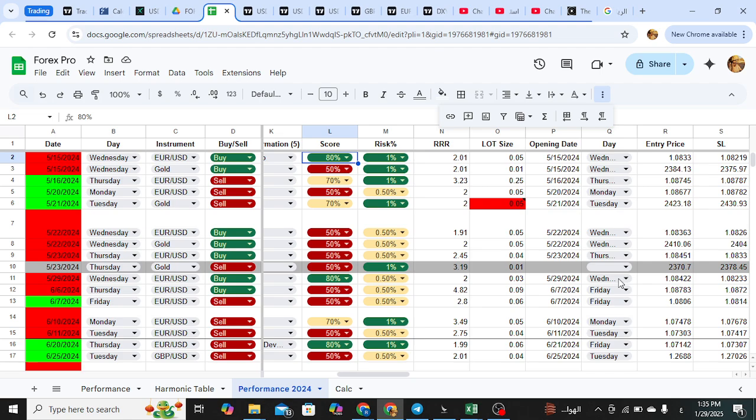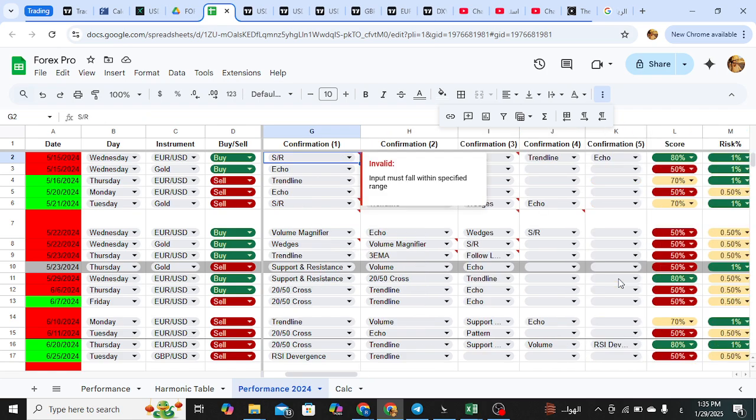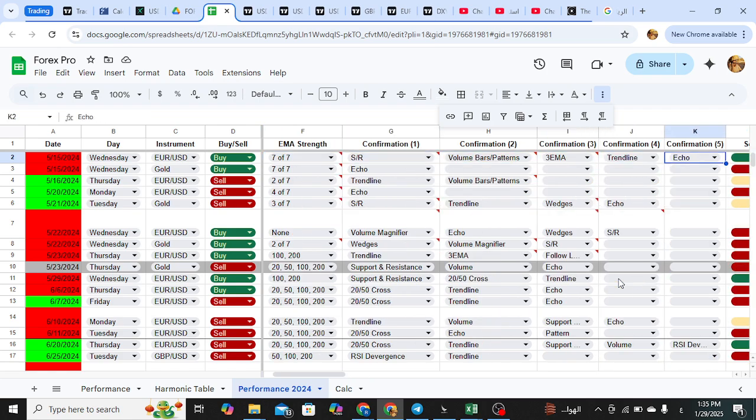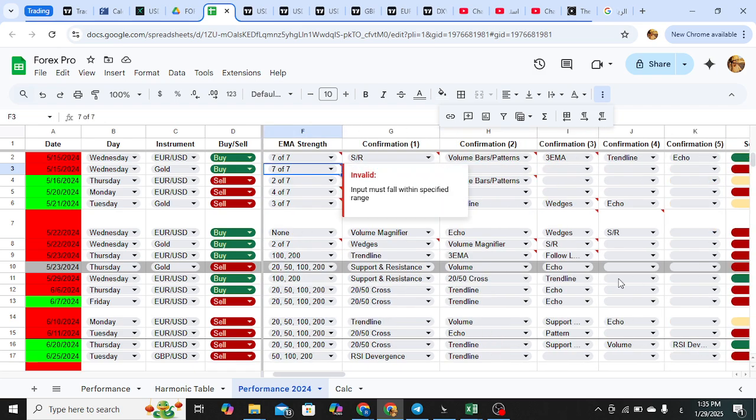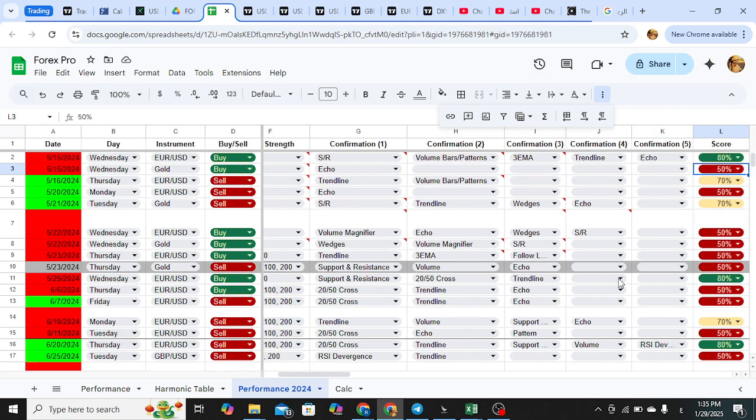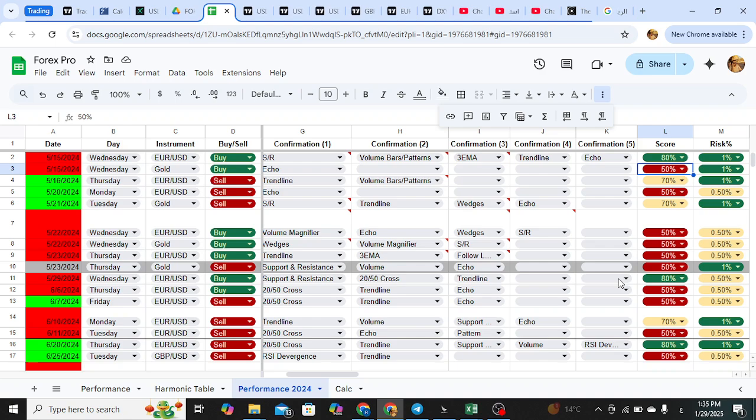This is scoring each trade. For example, if my trade has more than 4 confirmations, then this trade is an 80% score. If it has less than 3, so 1 or 2, then it's a 50%. So this trade is 50-50. It's risky.